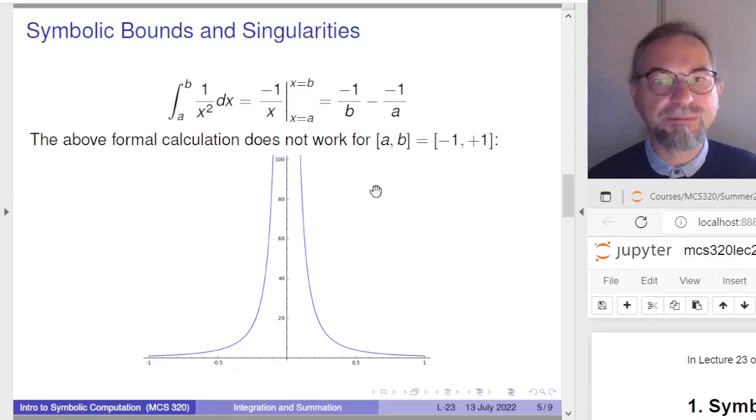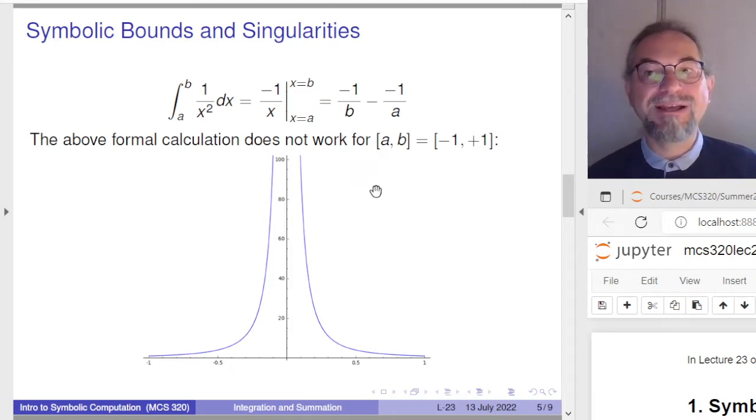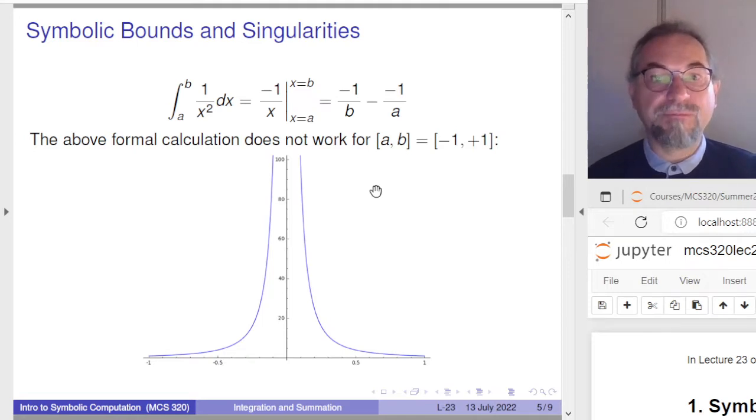So one needs to be careful. The fundamental theorem of calculus applies only if the integration interval is free of singularities. So the full statement is that the integrand and also the antiderivative must be nice everywhere over this integration interval [a, b].